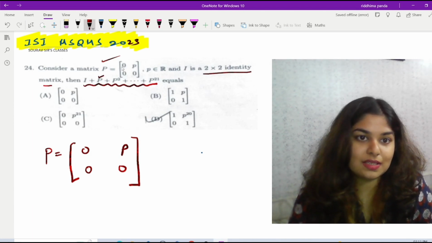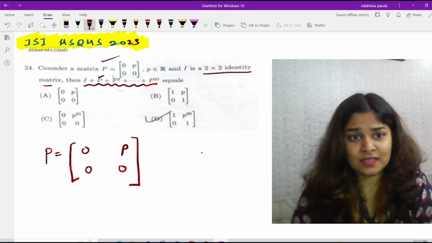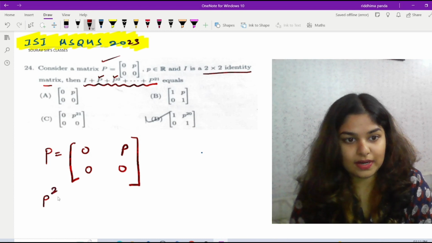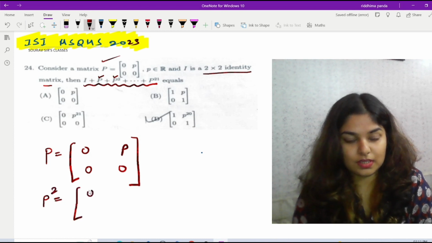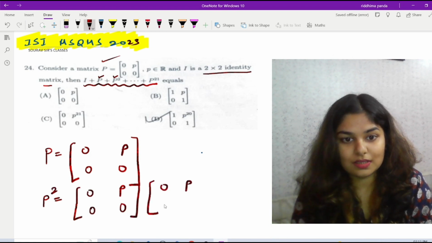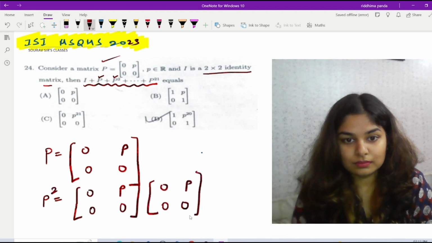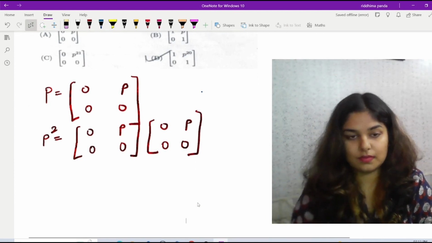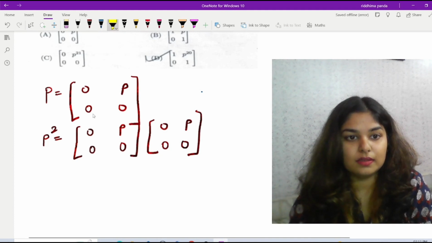So if P is given, let us try to find out the value of p square. So p square is equal to 0 p 0 0 into 0 p 0 0. So multiply this into this, right?